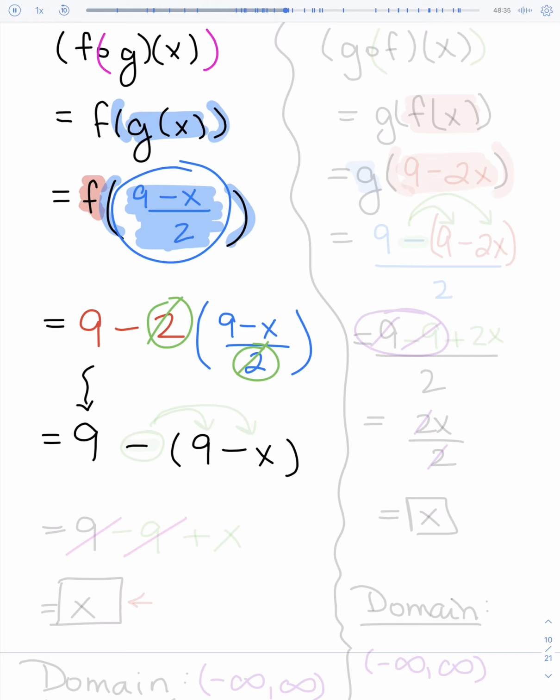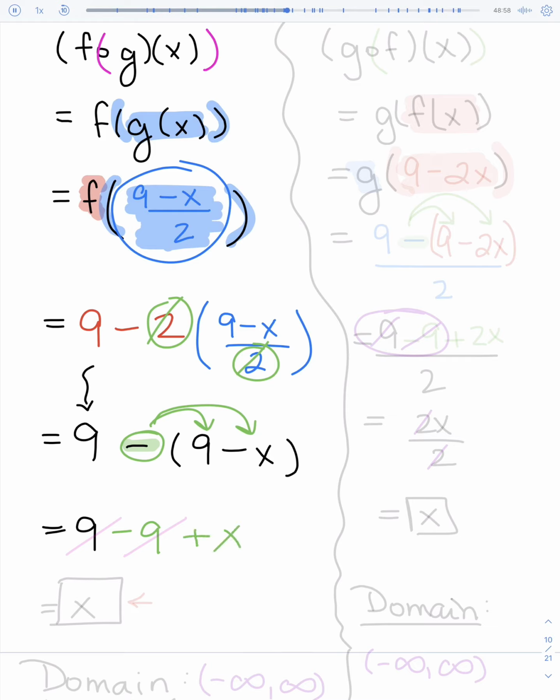I cannot drop the parentheses yet because I still have a minus sign out in front of them, which means I need to distribute that minus sign to everything on the inside first. So I've got my 9 that was out in front, but now I've got a negative 9, and then the negative times the x will give me a positive x.